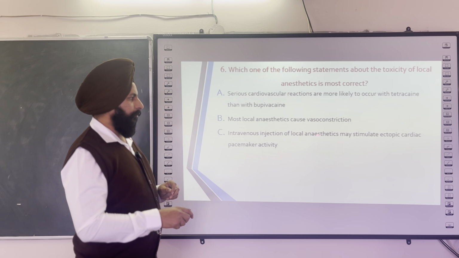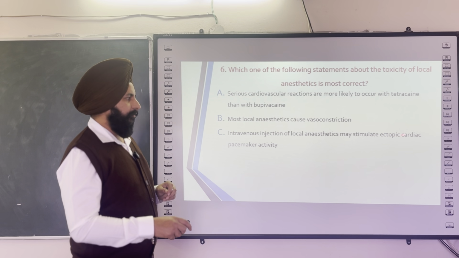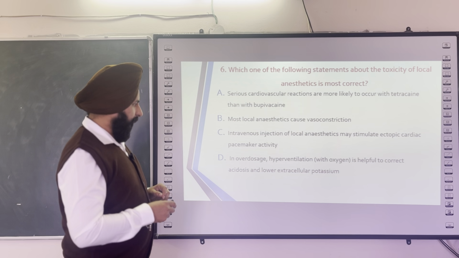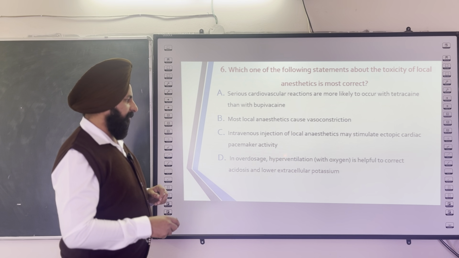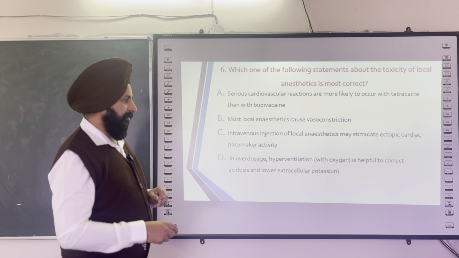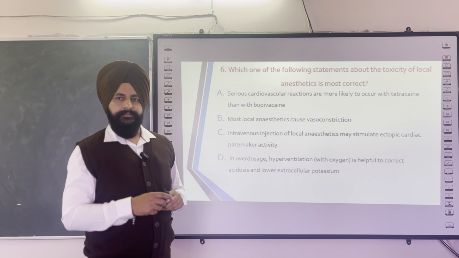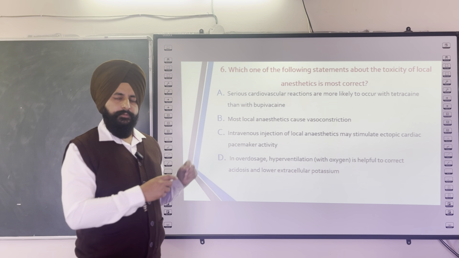Intravenous injection of local anesthetic may stimulate ectopic cardiac pacemaker activity, that is SA node activity. Overdose of local anesthetic causes hyperventilation, which is helpful to correct acidosis and lower extracellular potassium. So you choose the correct statement for the local anesthetic. Which one is correct?